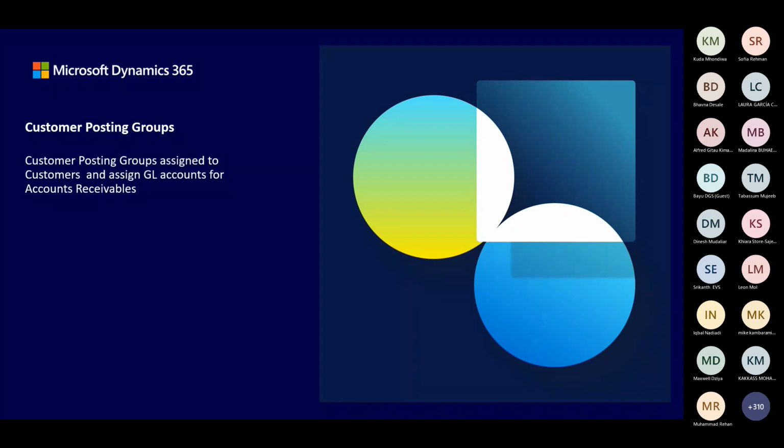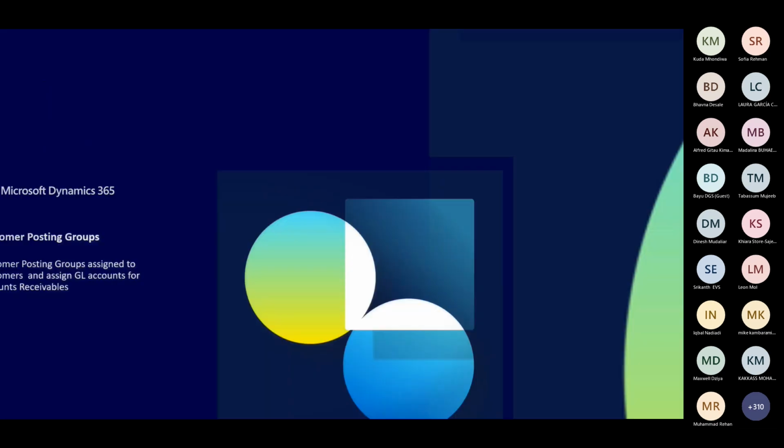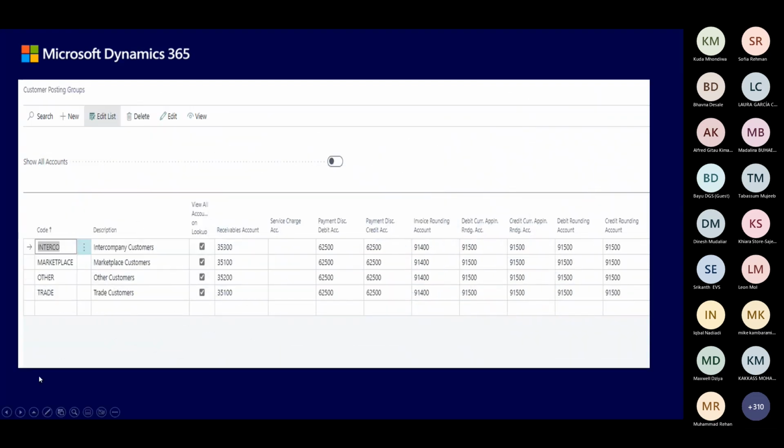Now we're looking at the customer posting group. This is where you decide on the accounts receivable. You can create lots of different categories of customer groups as you like.